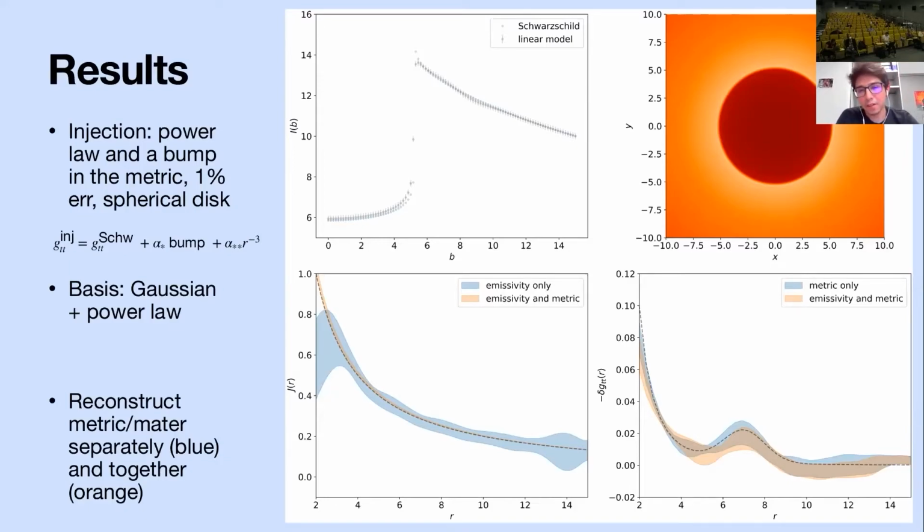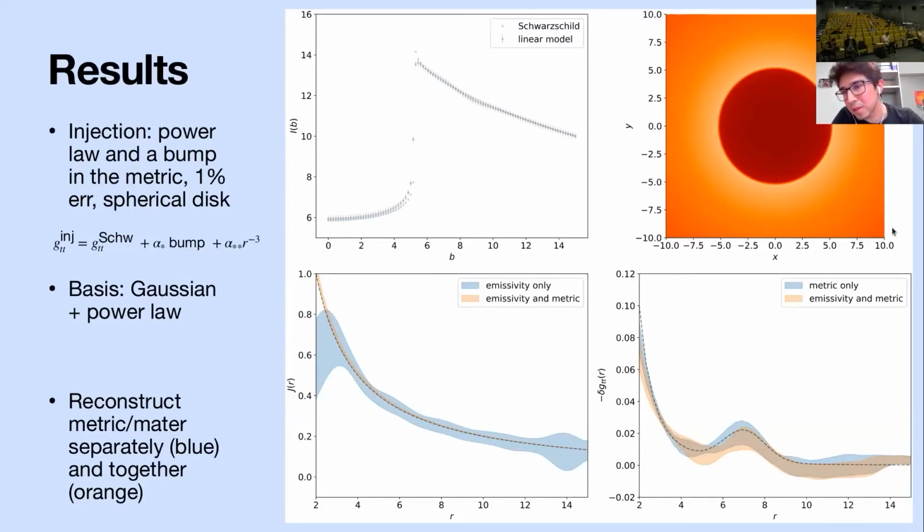That is, I fix to begin with the metric functions, and I attempt as a start to describe only the emissivity. So I describe my emissivity function in terms of a Gaussian basis, and with this mock observation, I can reconstruct this blue contour. And as you can see, it follows the injection, which is described by a gray dashed line.